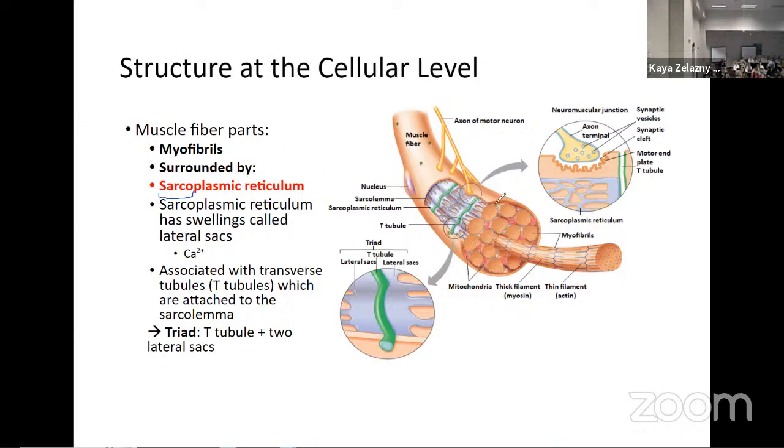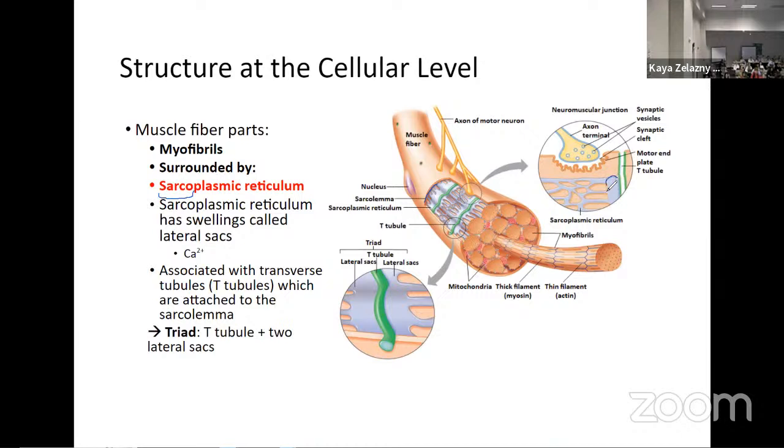And its structure is such that it's along the inside of that sarcolemma. So it's along the inside of that renamed plasma membrane, but it has a bunch of extra swellings called lateral sacs, right?